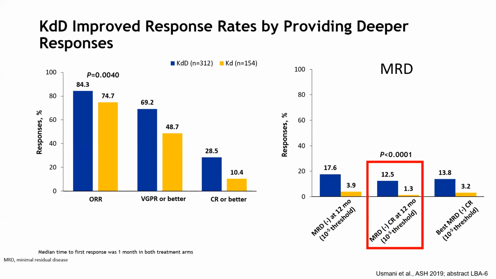We can see on all levels, whether overall response rate, very good partial remission or better, or CR or better, KDD patients are doing better than the KD arm, with a highly significant p-value. Not only that, but also deep response, in which minimal residual disease negativity was reported in 12.5 compared to 1.3, with a highly significant p-value of 0.001.